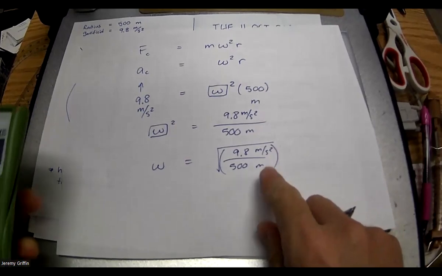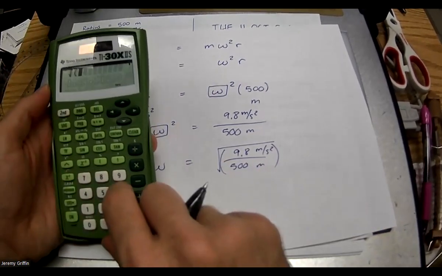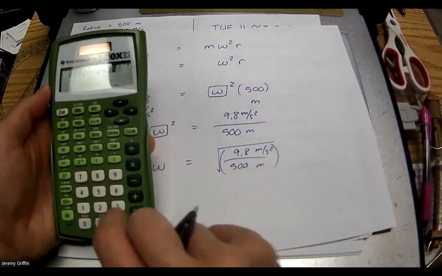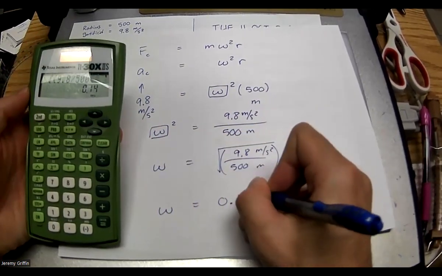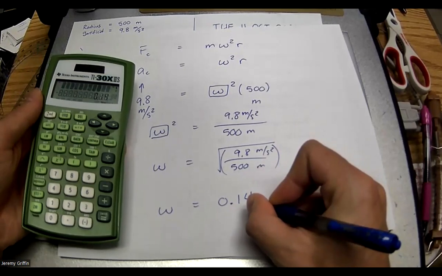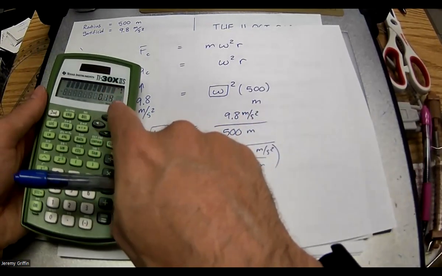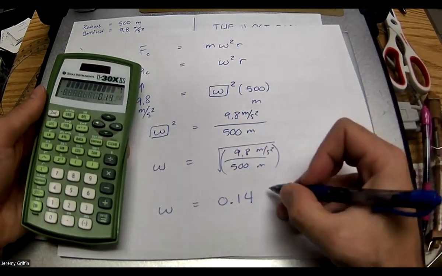All right, let's try this out. So square root of 9.8 over 500, looking at 0.14.